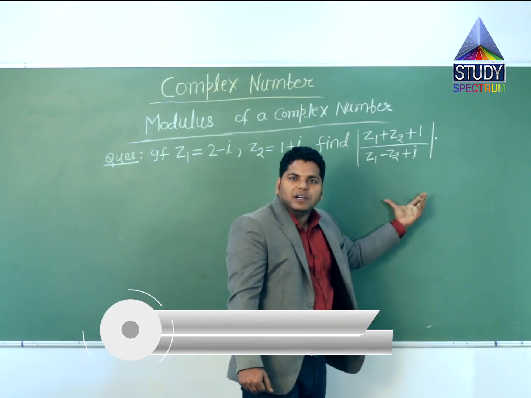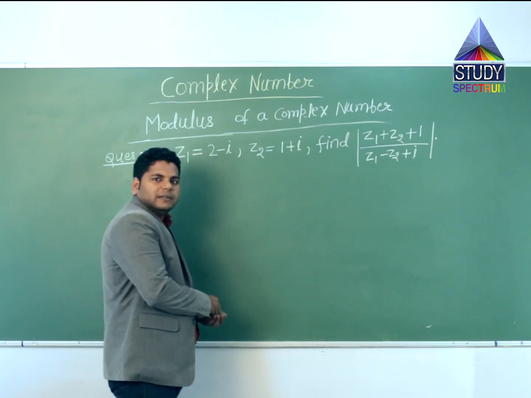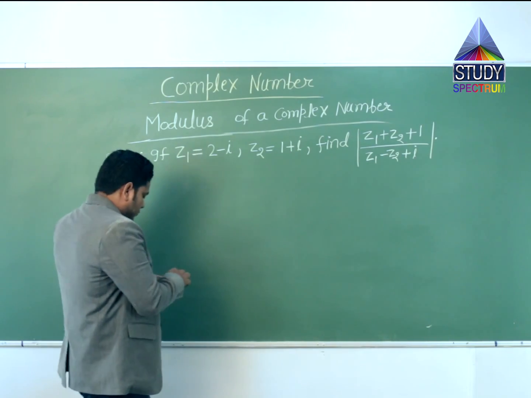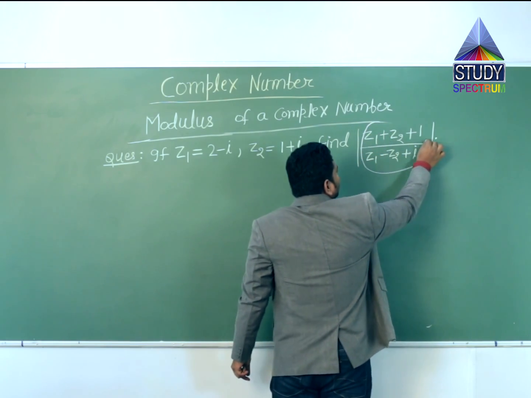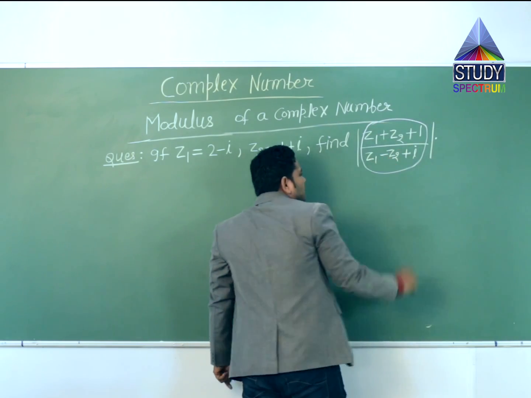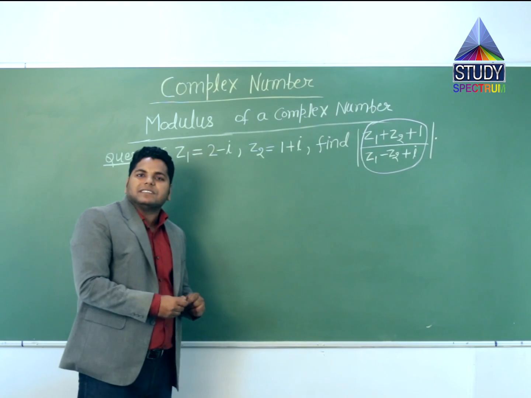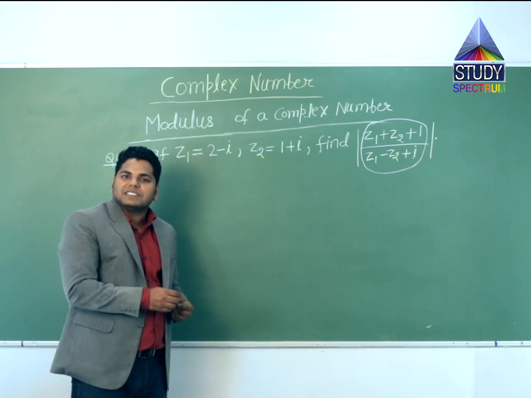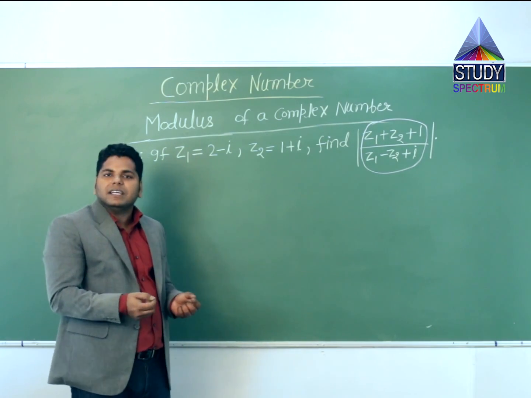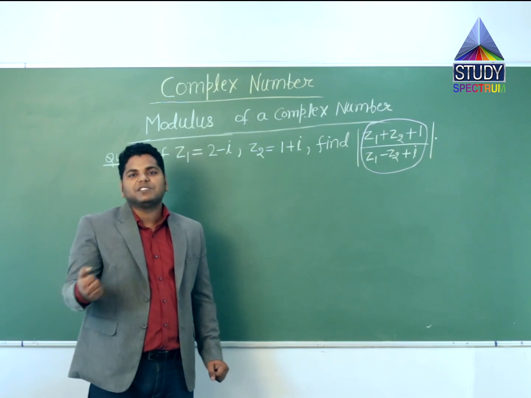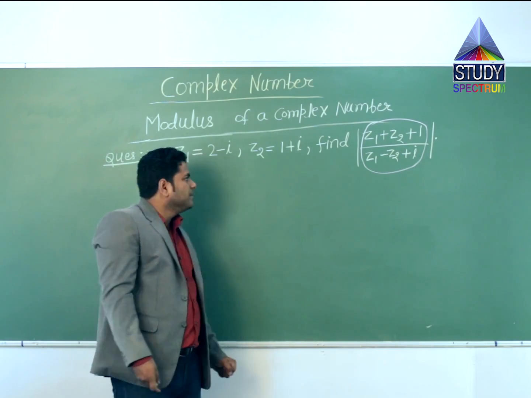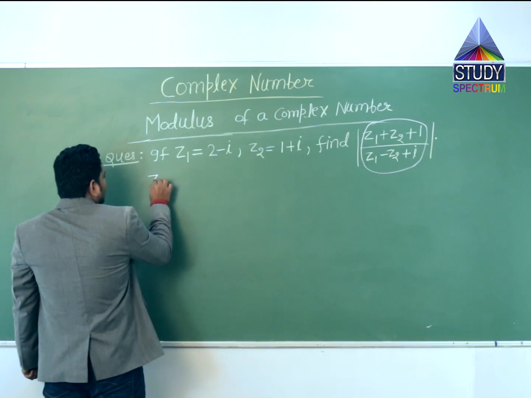Okay, so first of all we will express z1 plus z2 plus 1 upon z1 minus z2 plus i in terms of a plus ib or x plus iy. After that, we'll apply the formula for mod z equal to root under x square plus y square. Okay.